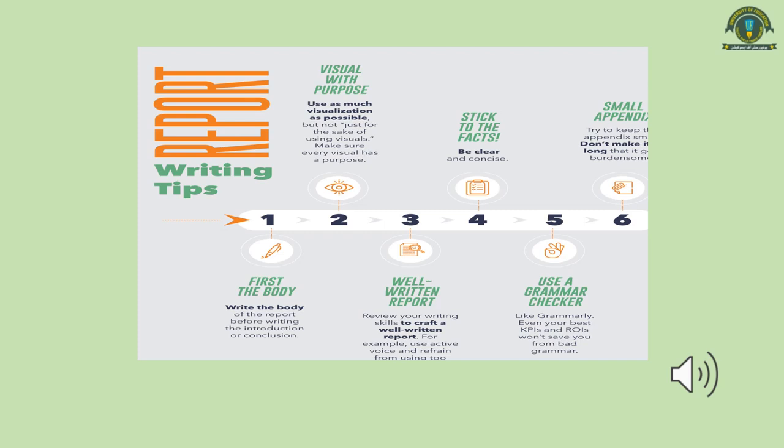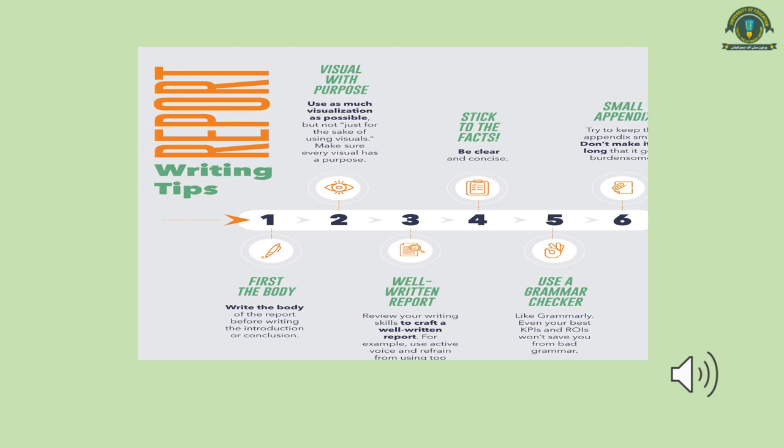Avoid using technical or scientific language or words, so that it may not create any hurdle in the understanding of the reader. The next step is stick to the facts.